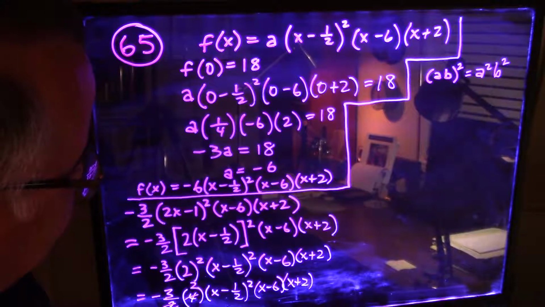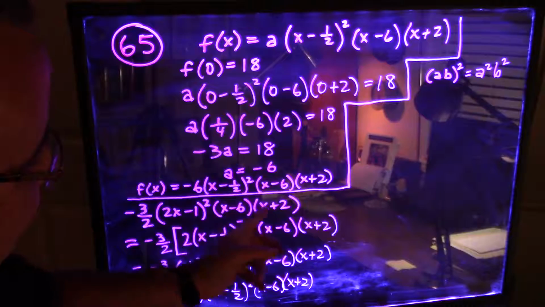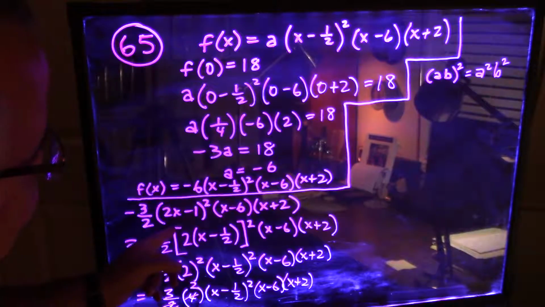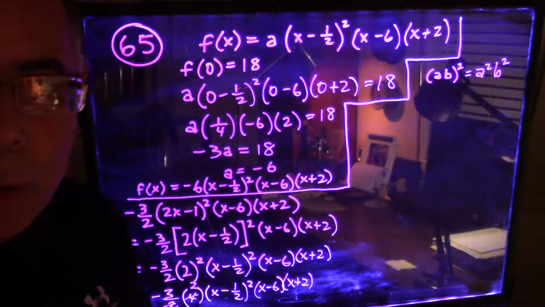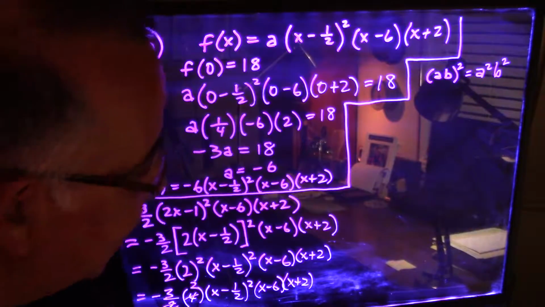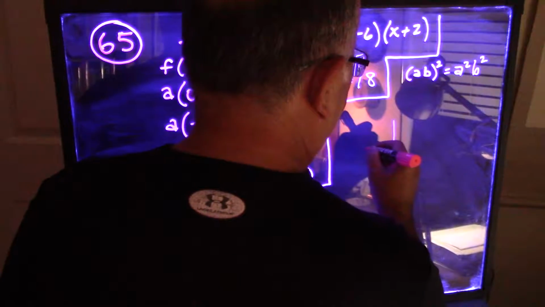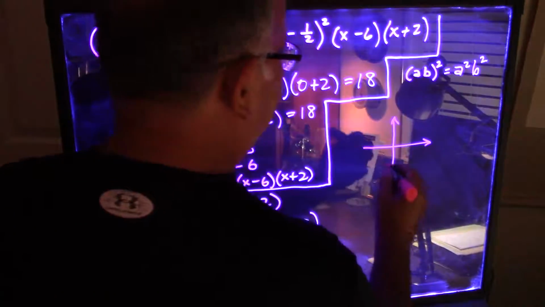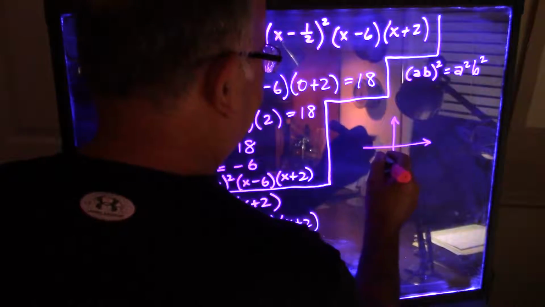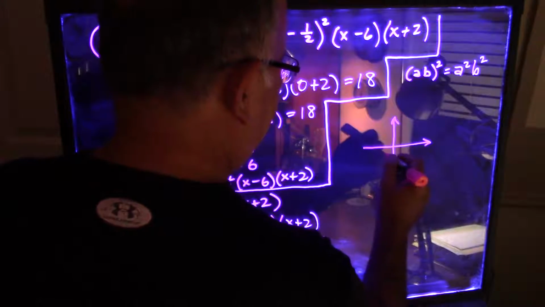If you graph these two, they should give you the same graph, or this one and this one should give you the same graph. Of course, that's not a proof, though, because it only applies to whatever domain you're using on the grapher. So if you graph this, I don't know what it looks like.